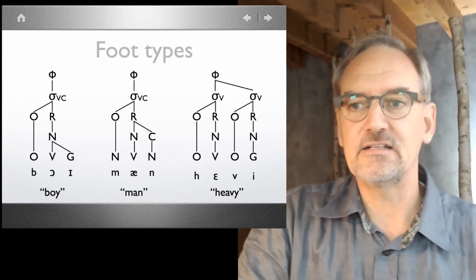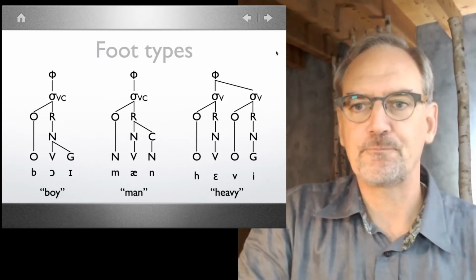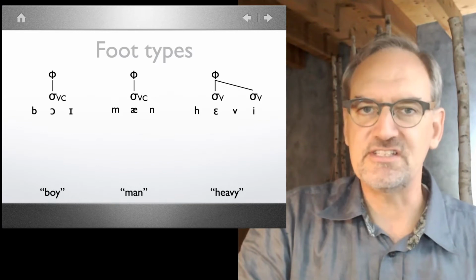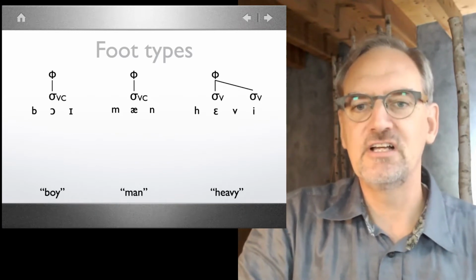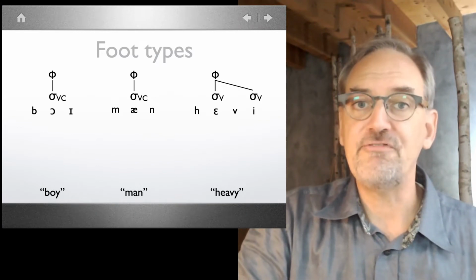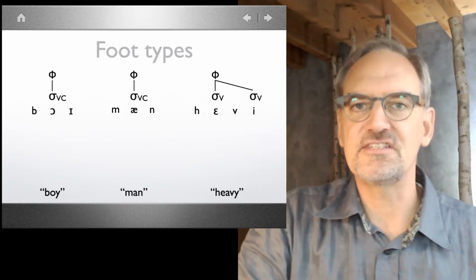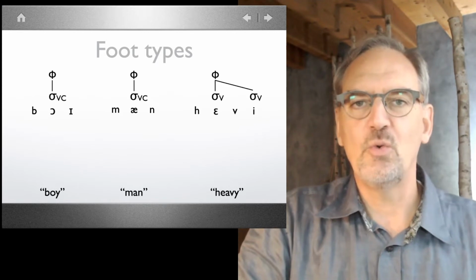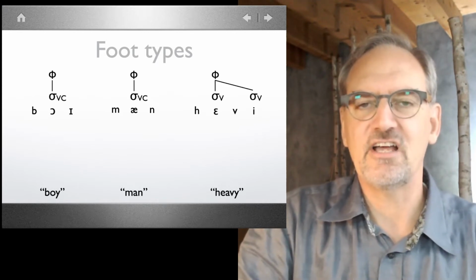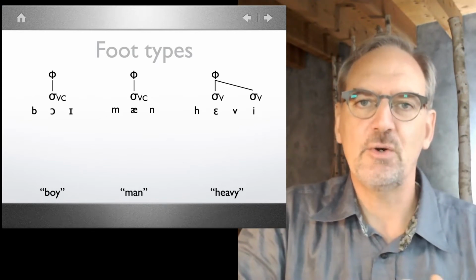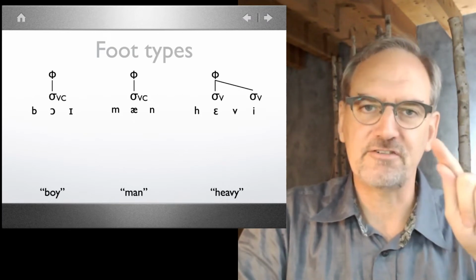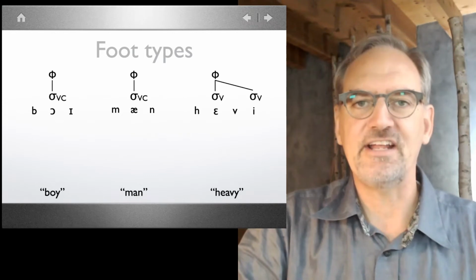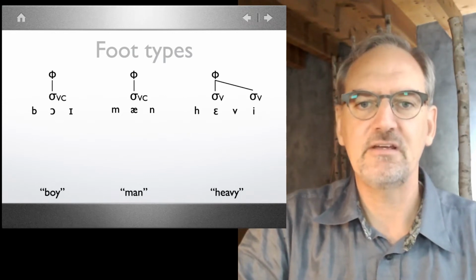Okay. Now, I'm going to begin ignoring the details of syllable structure. As I start to talk about feet, I'm going to focus on the syllables in the feet, and I'll just expect that you recognize what the internal structure is of those syllables. So a syllable that is marked VC, like boy, is a syllable with a vowel and a consonant in its rhyme.